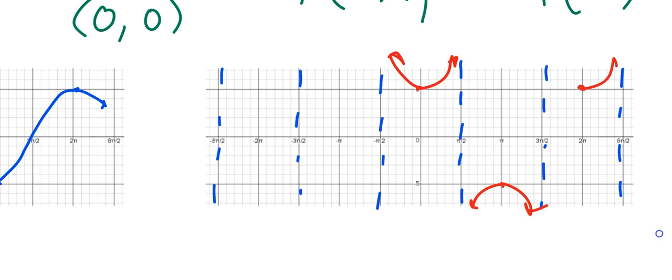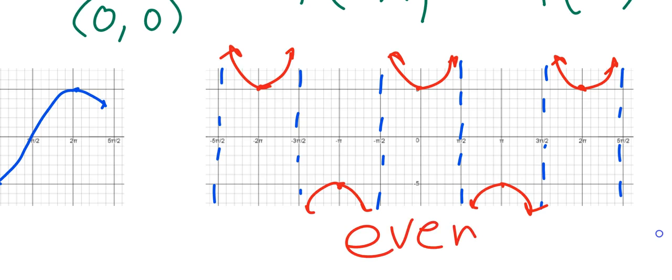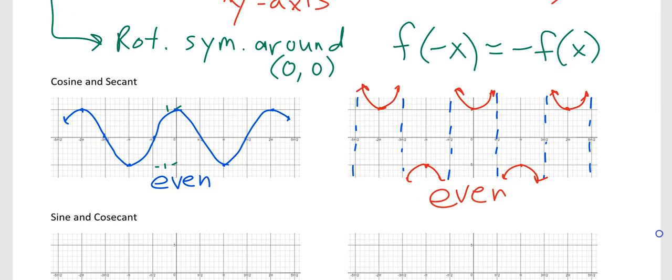Even function or odd function? You can fold it right on the x or the y-axis and it looks exactly the same. This is an even function. Well, would you look at that? If the cosine's even, so is its reciprocal function.